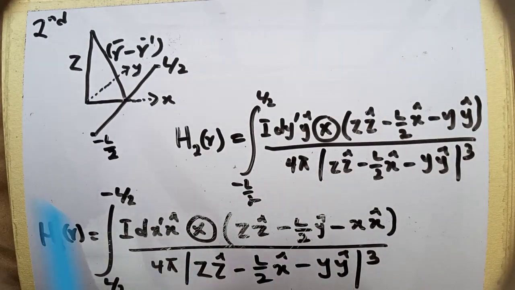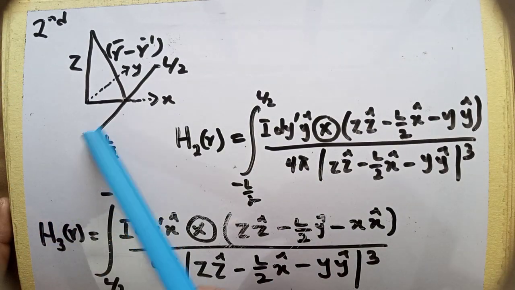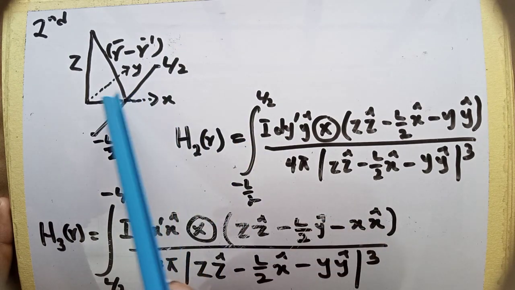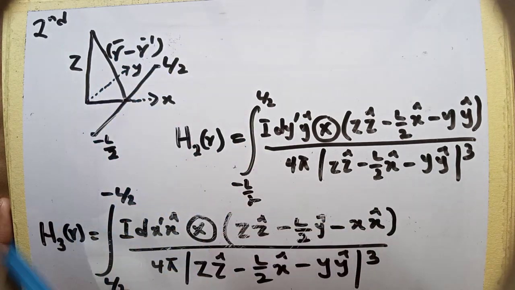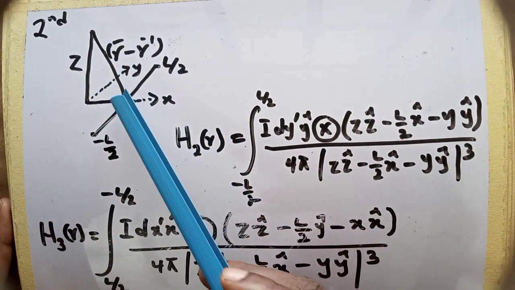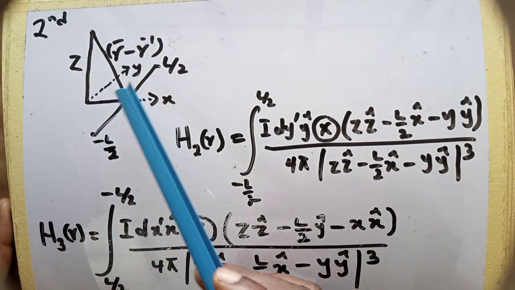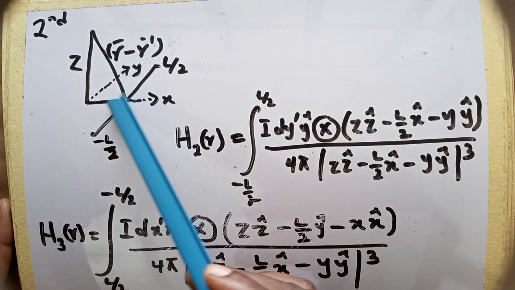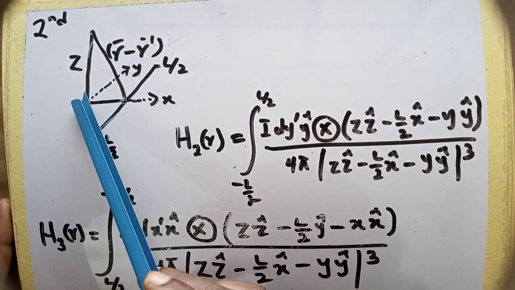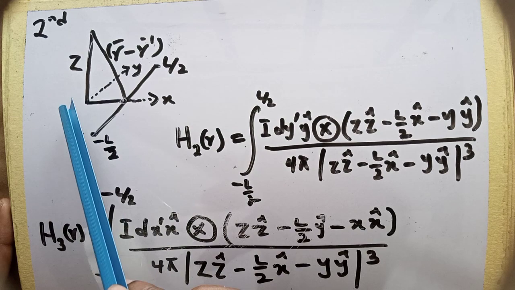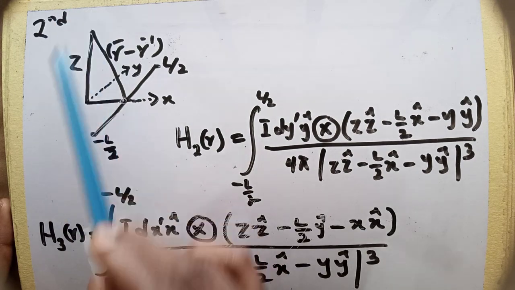So for the second segment, we notice that it's along this side. This is my x-axis and this is my y-axis. When you consider this part, for us to move from this point to this point, we can also go through this length. From here to here is on the route that we want to follow. From here to here is also on the route.